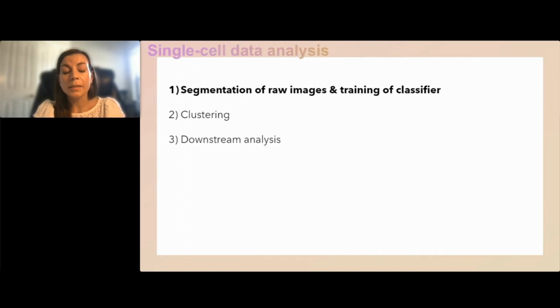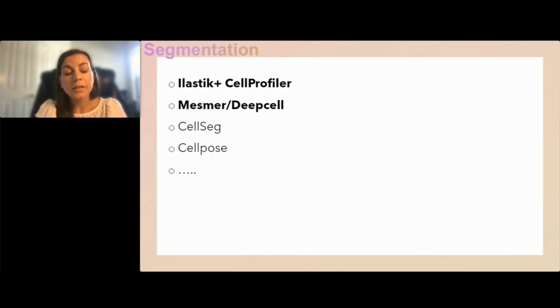The other difficulty usually associated with IMC is the segmentation of raw images. And there are currently different platforms. The first one that came out was Elastic plus CellProfiler. We have also Mesmer and DeepCell, CellSeg, CellPose, among others.